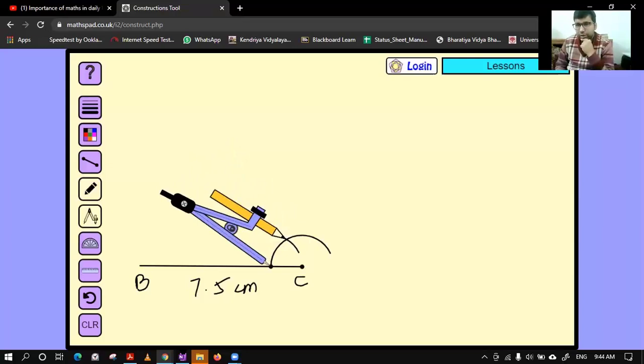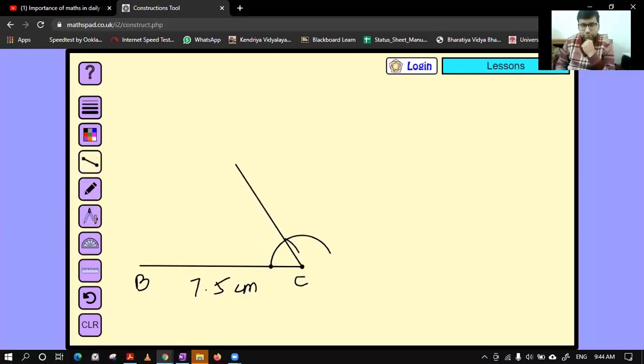So the 110 angle, can we make from protractor? Yes, sir, Bhagya, we can, but not now. I will explain, don't worry. So we have got the 60 degree angle. Just join with this one. So like this, we have got the line.